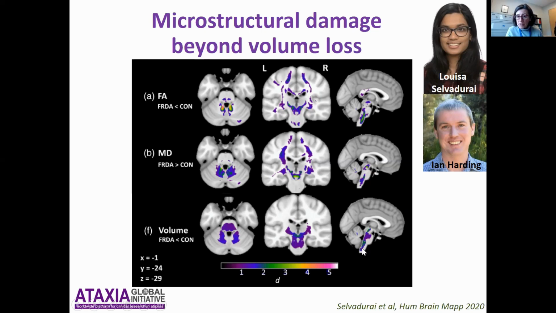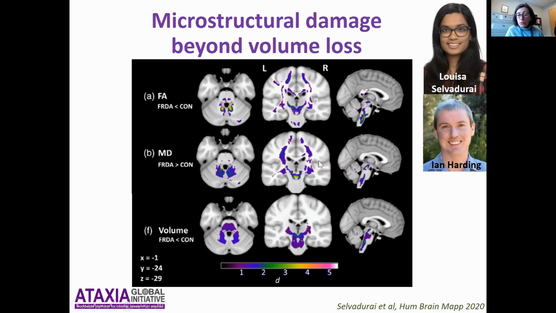It's more visible here. When you look at the diffusion metrics, this is fractional anisotropy. Anisotropy gets lost with microstructural damage. And this metric is mean diffusivity. The water molecules start diffusing faster, more likely in all sorts of directions.